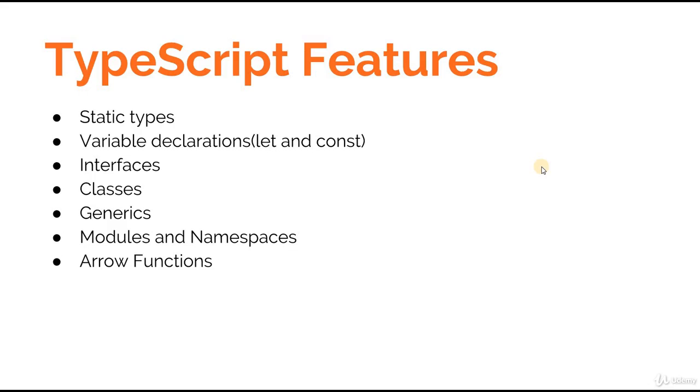Okay, and they contain logic and data in the form of functions and methods and properties. Then we have generics. That is a bit advanced concept, but it is something that we'll discuss in this series. Then we'll also have a look at modules and namespaces. And finally, we'll have a look at arrow functions and how they solve a very major issue that JavaScript had.